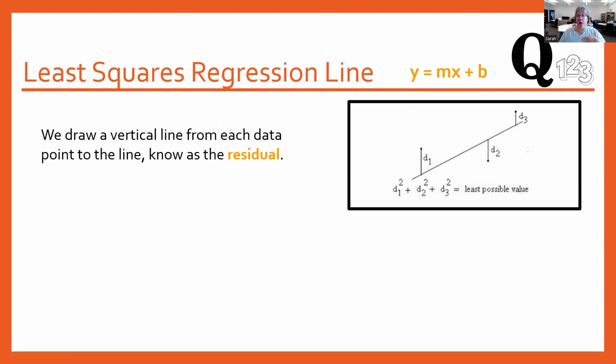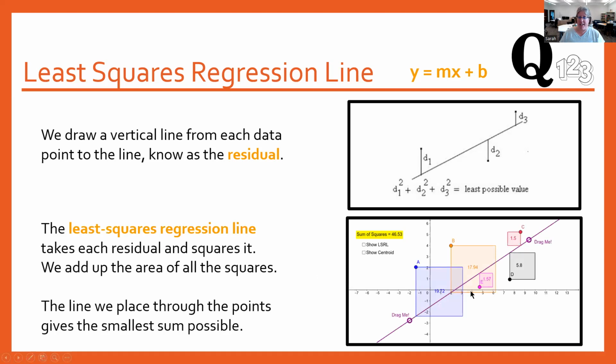If the dot is above the line, that residual will be positive, and if it's below the line, it'll be negative. So what the least squares regression line does is it takes each of those residuals and squares them, and then adds them all up. And what we're looking for is the placement of the line that gives the smallest total value.